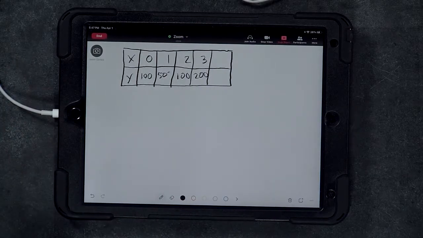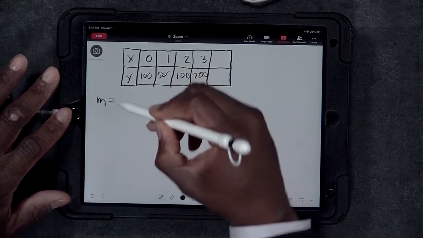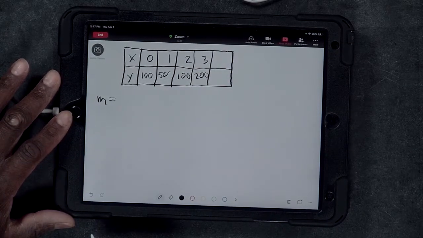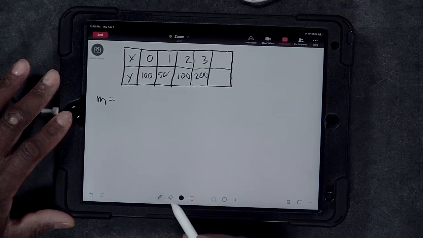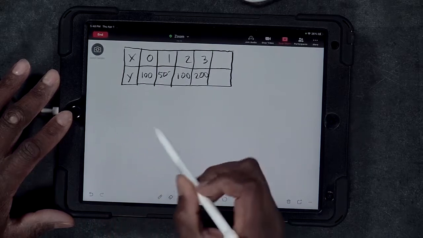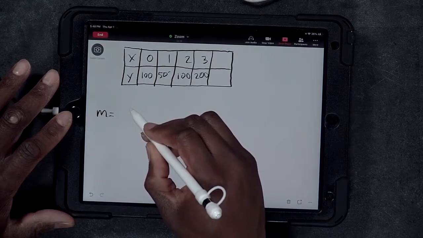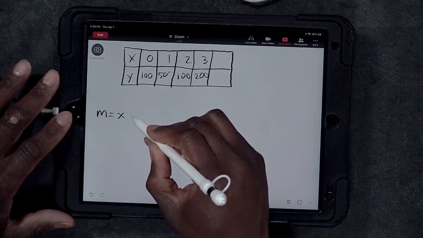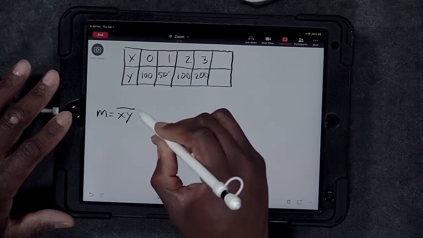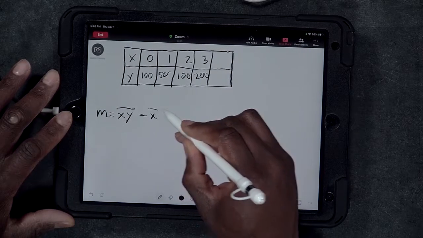All right, so let's find the slope. It just turns out that the slope is going to look a little bit funny. The equation for our slope is going to be x, y bar, we'll tell you what that means in a minute, minus x bar, y bar.